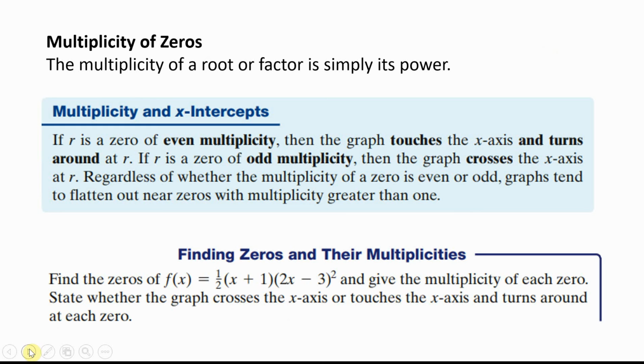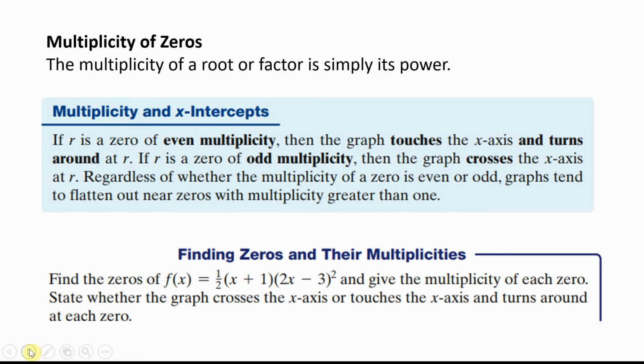Multiplicity of zeros. Some of EJ's high school friends were asking me some questions about this. It's very easy. It's nothing hard about the so-called multiplicity of zeros.